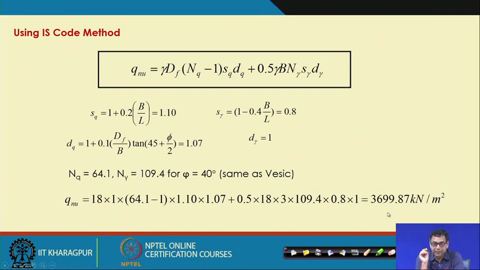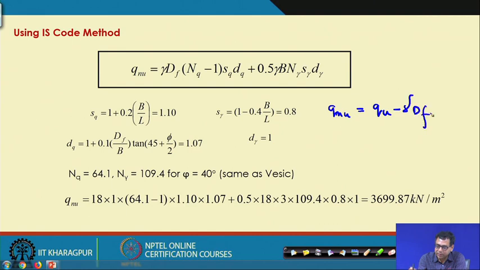And remember that in many textbooks you may find that they are using the net ultimate value in this form. You can use that, but I would recommend that you calculate the net ultimate in this way: first the ultimate minus gamma Df.